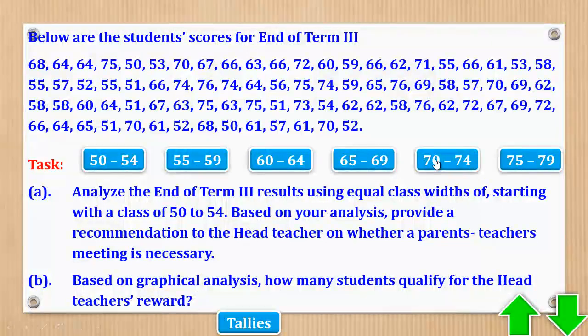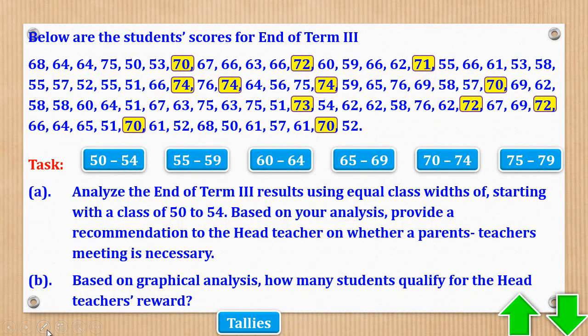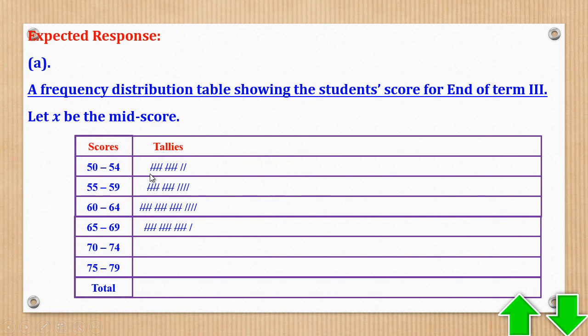Then 70 to 74: 1, 2, 3, 4, 5, 6, 7, 8, 9, 10, 11, 12. So we shall come and make tallies of 12. Then we shall go to the next.